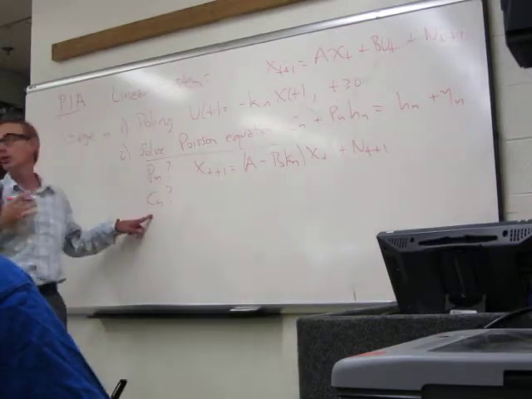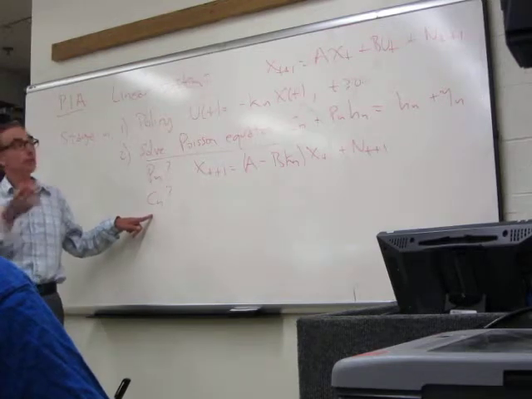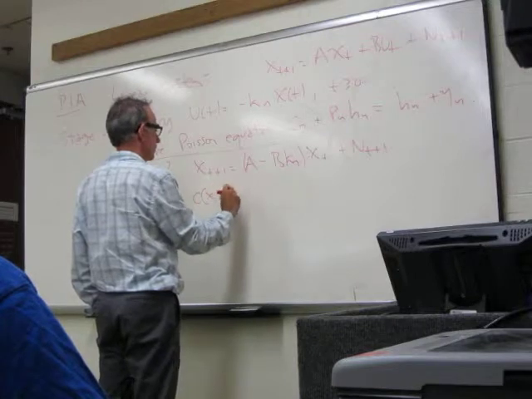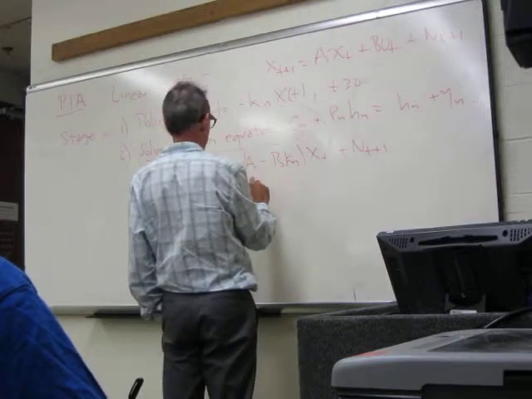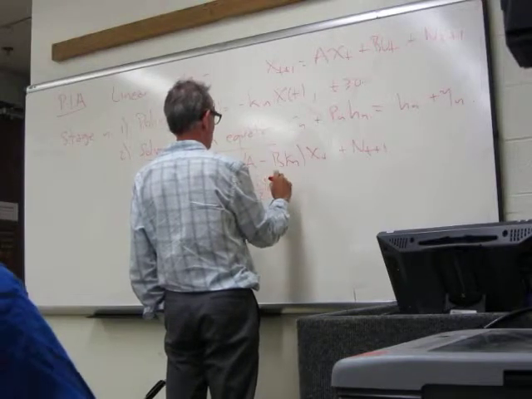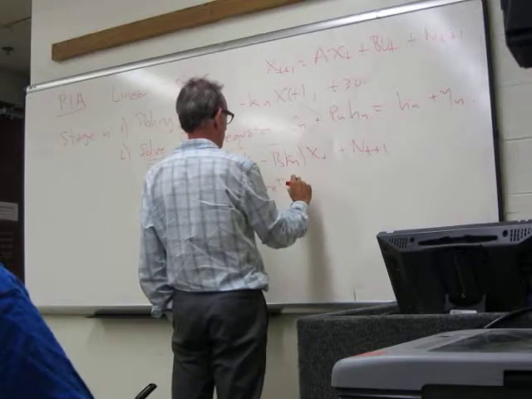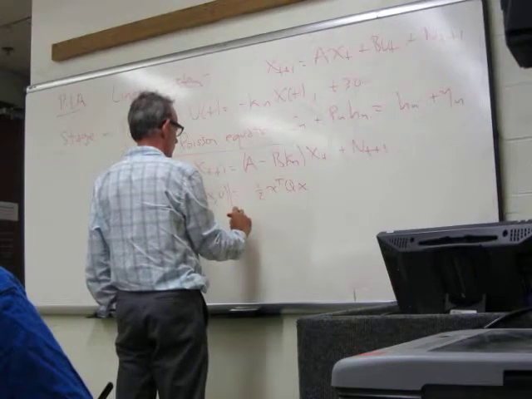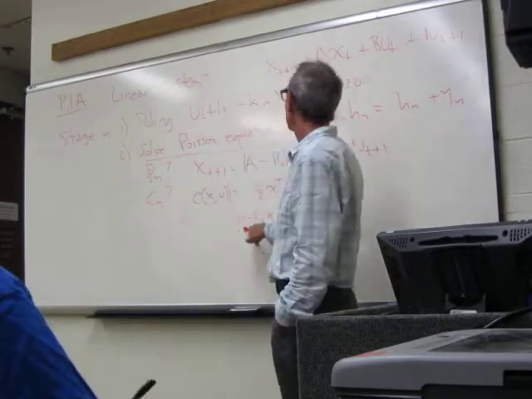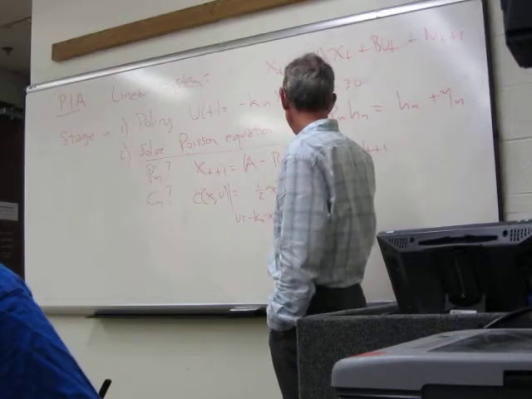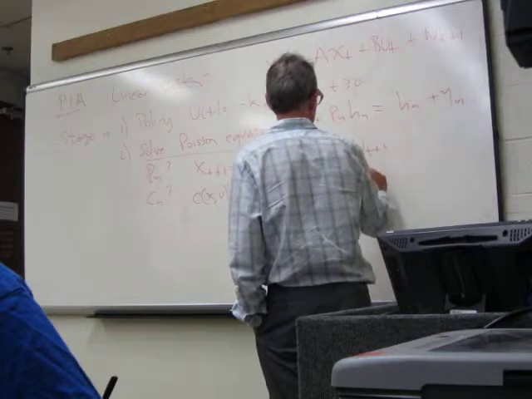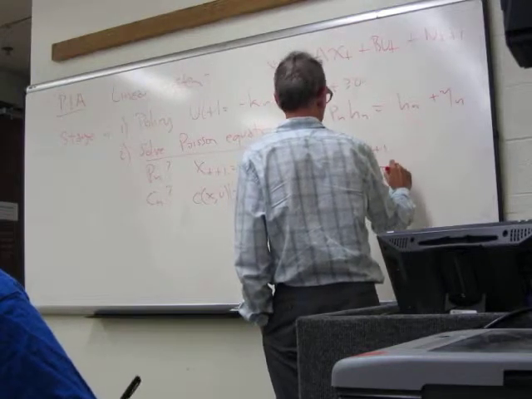Again, the cost is the cost you get with that control. So I plug in u equals minus K x in this control. What am I going to get? I'm going to get 1/2 x transpose Kn transpose Q Kn.